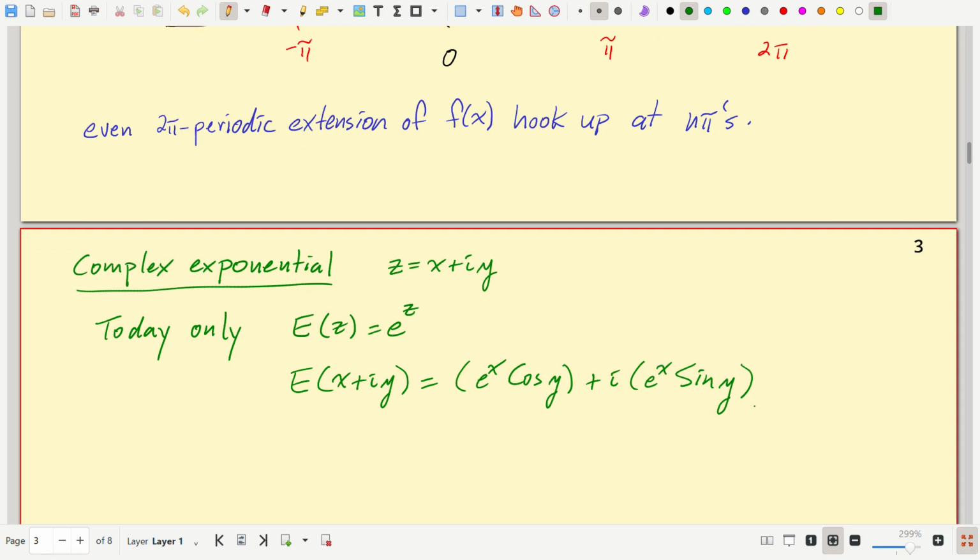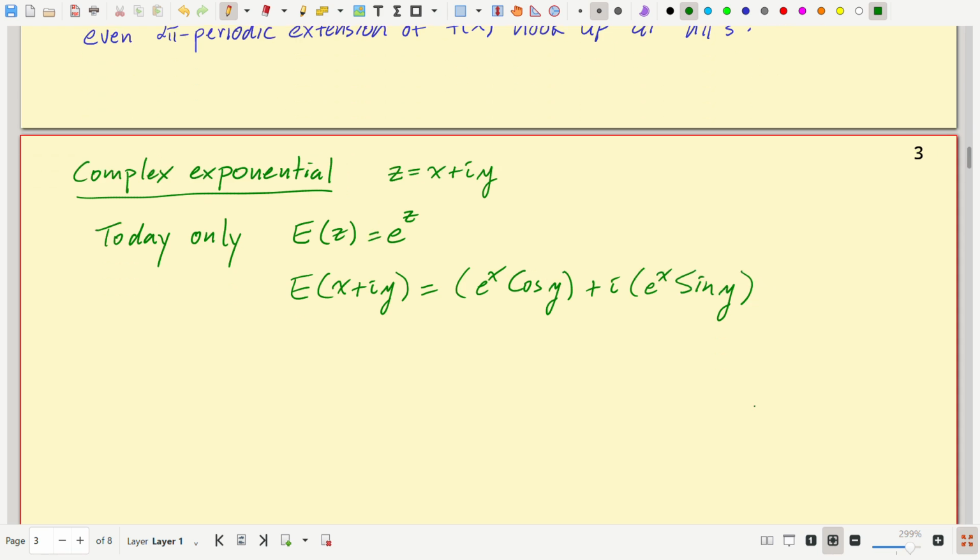Okay, and today I'll list the main properties that we care about for this course. Let's see. Simplest one, call it number 0 maybe: e of 0 is 1. 0, of course, is 0 plus 0i.